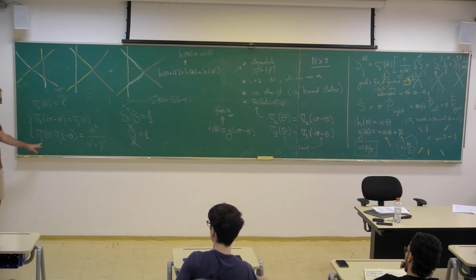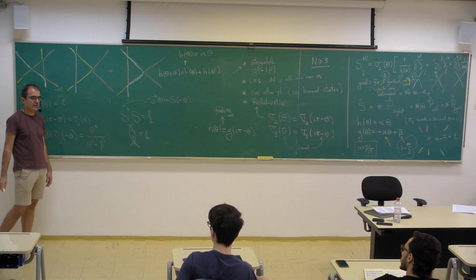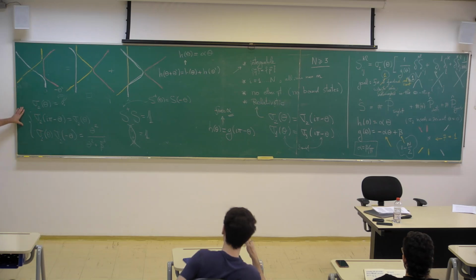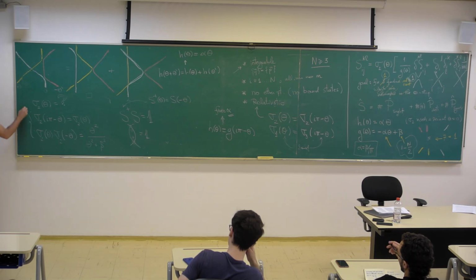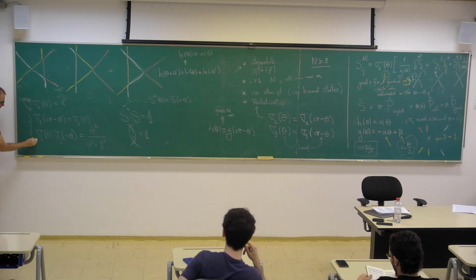This is the scalar part in front, the contraction of the matrices, and so on, put equal to 1. And so we are left with finding one function that's meromorphic and obeys these two equations. This one is crossing symmetry, and this one is unitarity.